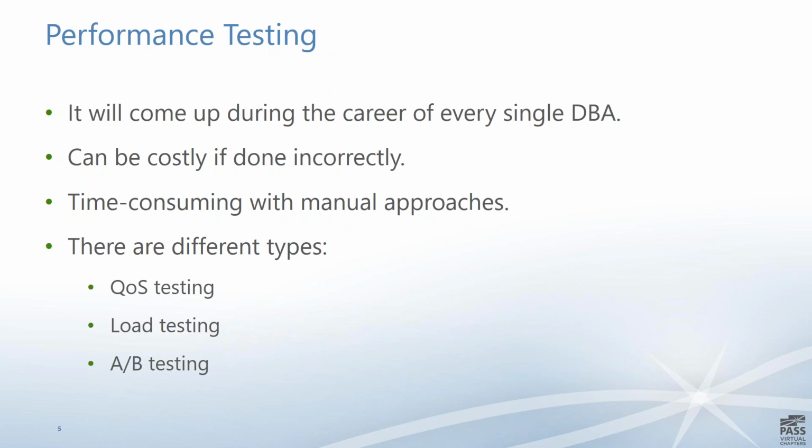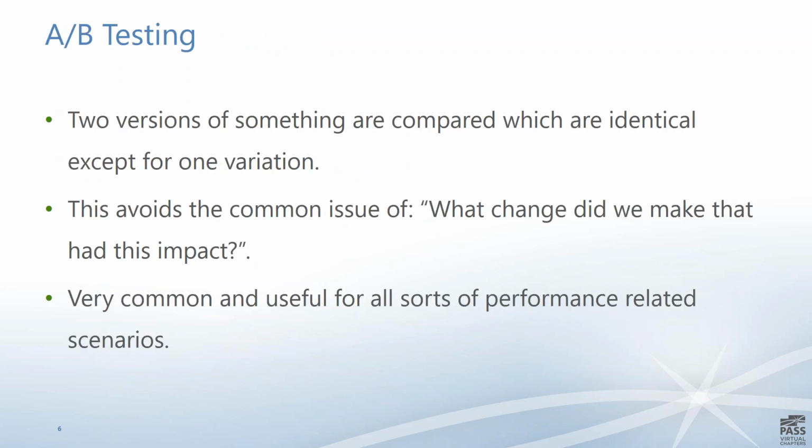So this is what the DBEA tool is really built for, the A/B testing scenario. And that's fine, because it's a very common scenario that we run through when we do performance testing, right? So the idea of A/B testing is that we have two versions of something, and they are usually identical in every way except for one variation.